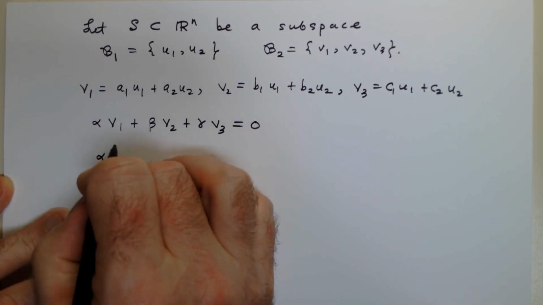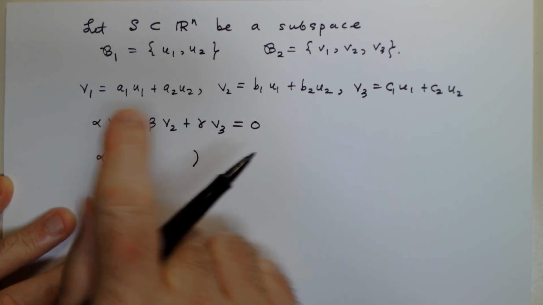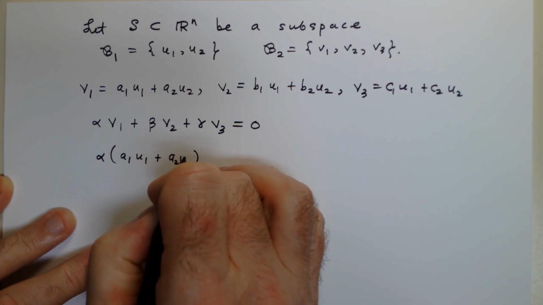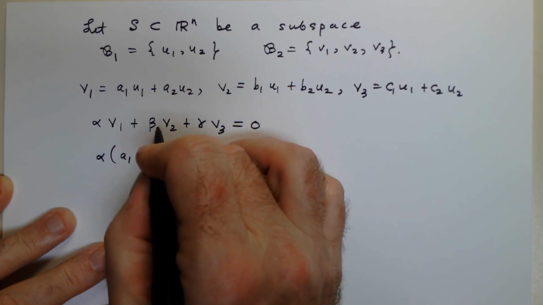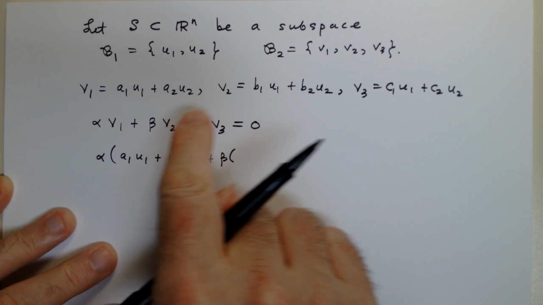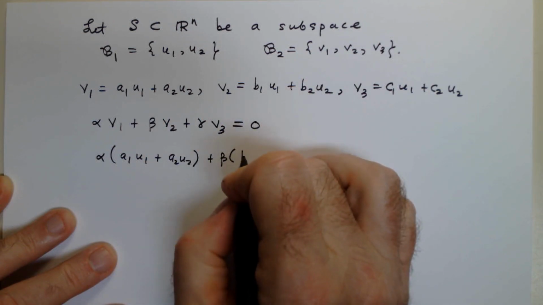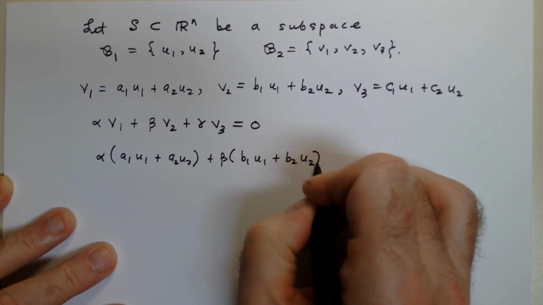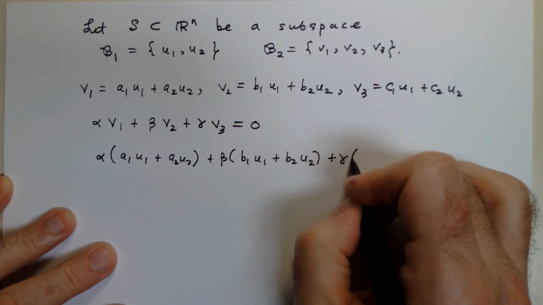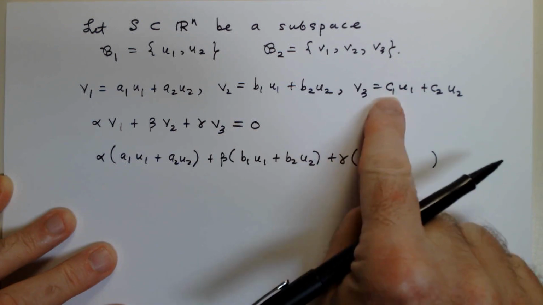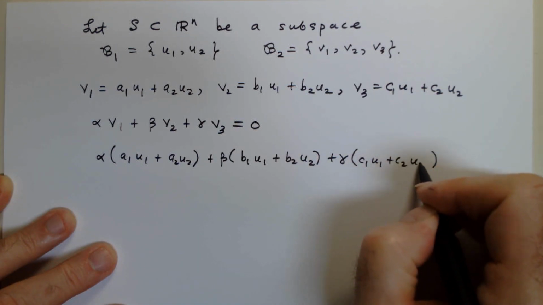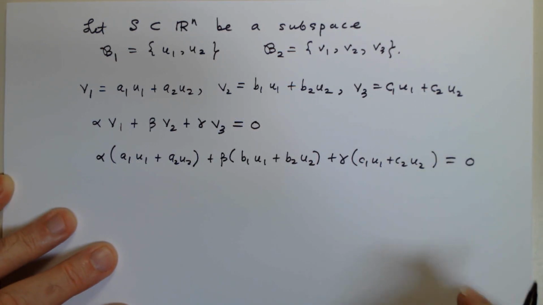I'd have alpha, and then in place of v1 I'll write a1 u1 and a2 u2. Then I'll have beta, and in place of v2 I'll write b1 u1 plus b2 u2. Then I'll have gamma, and in place of v3 I'll have c1 u1 plus c2 u2, and this is equal to the zero vector.